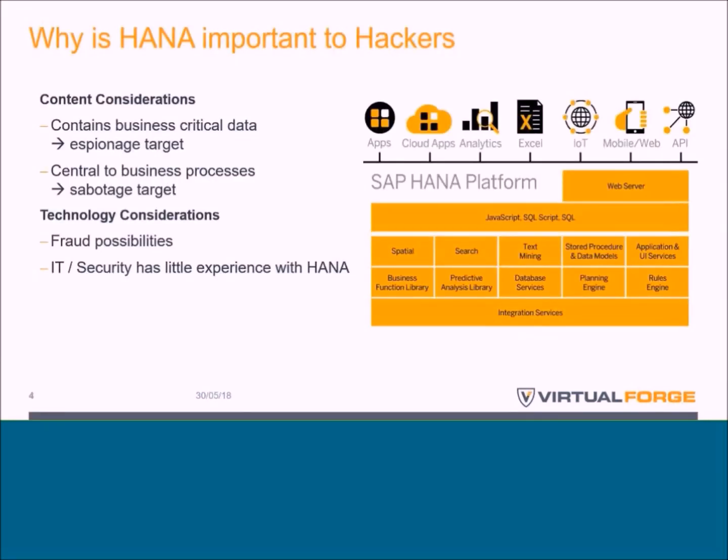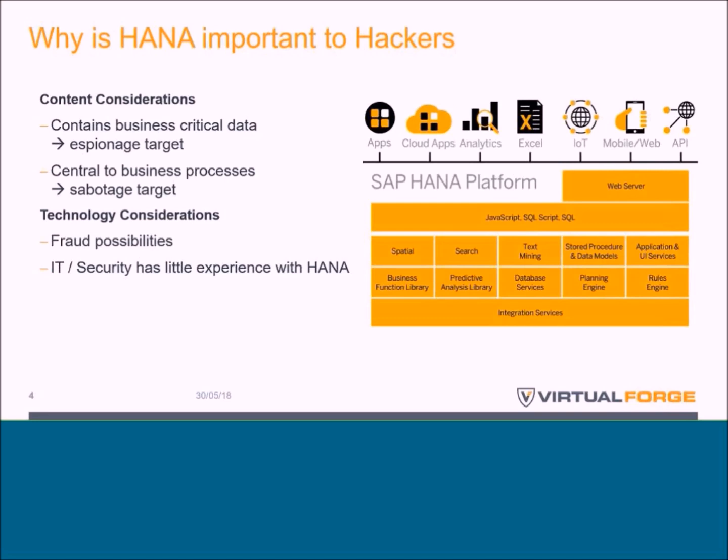So first of all, why HANA is important for an attacker. There are two main reasons. Especially if you look at the considerations content-wise, they are of course similar with HANA compared to other SAP or other ERP systems even. HANA contains the critical data.